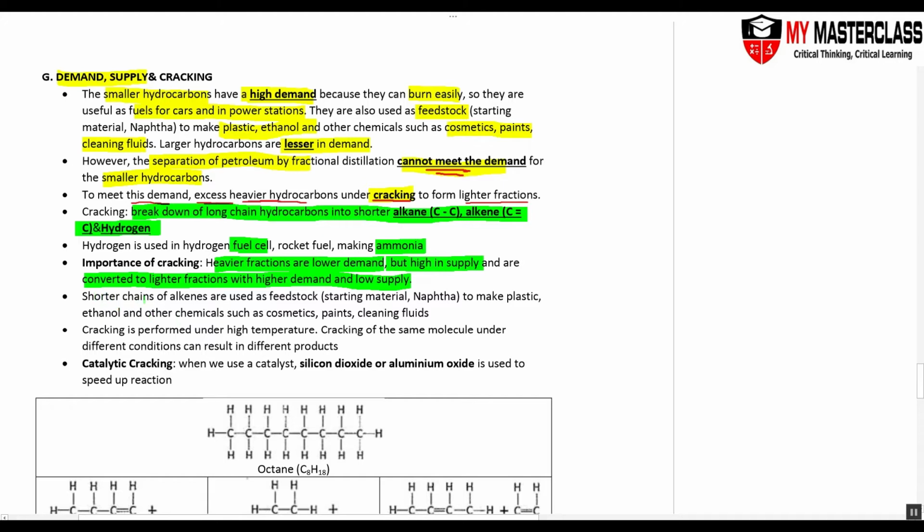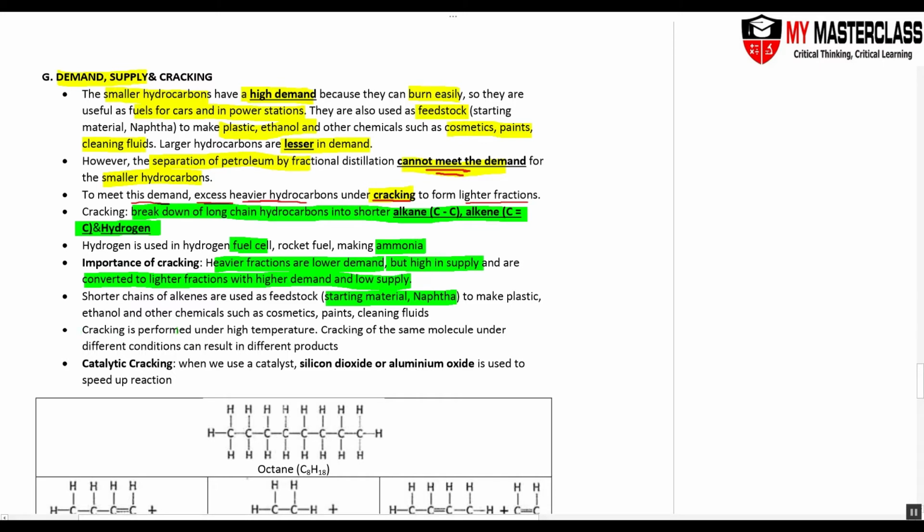Short chains of alkenes are used as feedstock to make plastics, chemicals. So this one I already told you, why are the shorter chains higher in demand? The bulk of these short chains are naphtha, and naphtha is used to make all the common chemicals that we use.